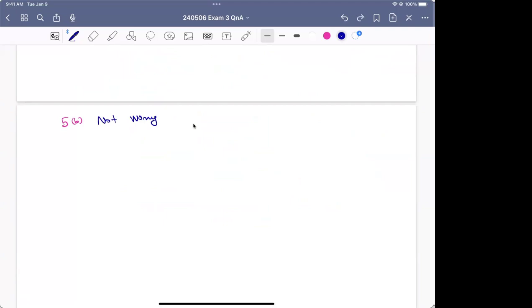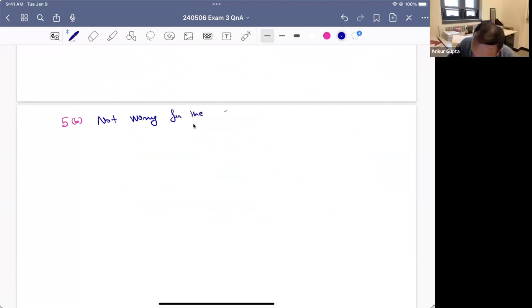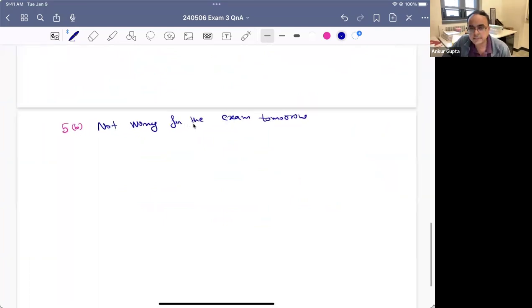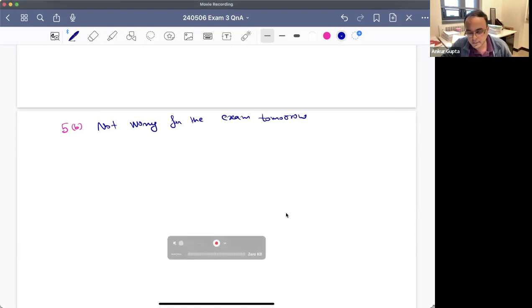It was an advanced question, and you will not be asked anything like this tomorrow. Like I mentioned, the exam would be representative of the final exam. The practice exam is hard, and you would see that in the final exam as well. But something like this won't be tested. So first, I would not worry about that. But let's still discuss. I just want to mention it in case somebody's curious here.